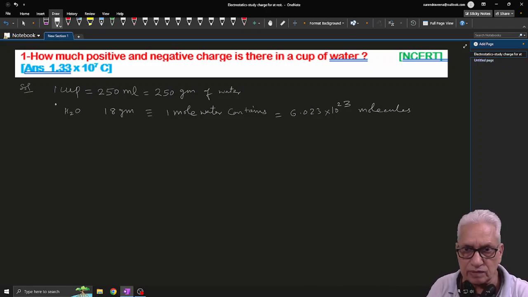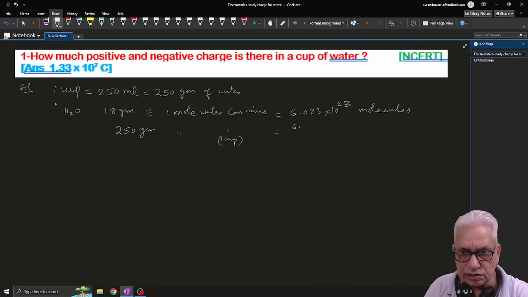So 18 gram is equivalent to this many molecules; for 1 gram, and 250 gram of water in 1 cup of 250 ml, how many molecules? Just by the unitary method, 6.023 into 10 to the power 23 divided by 18 multiplied by 250.